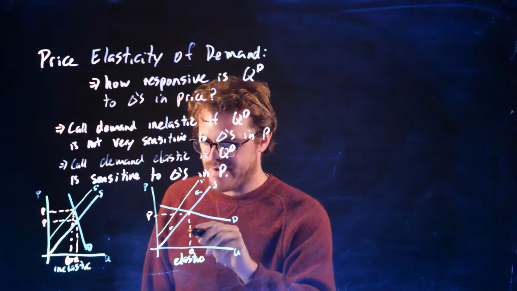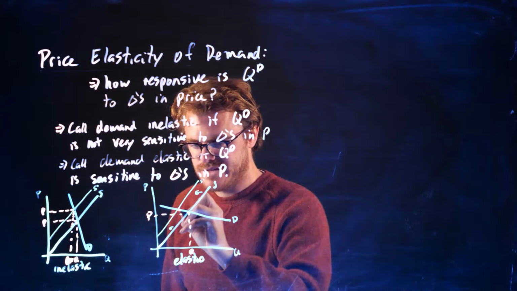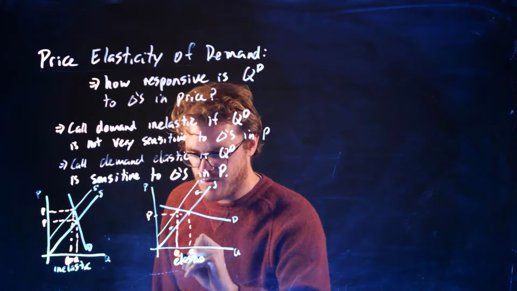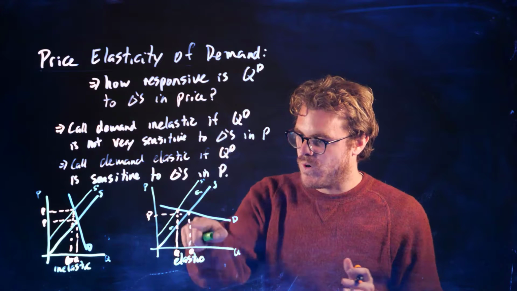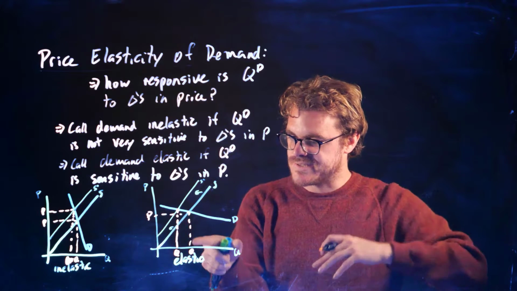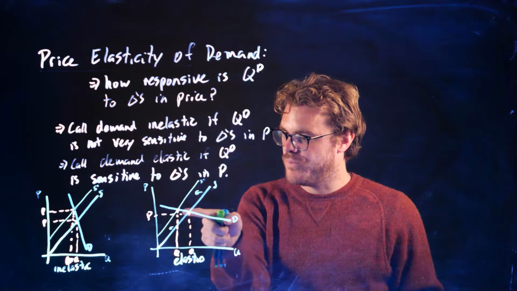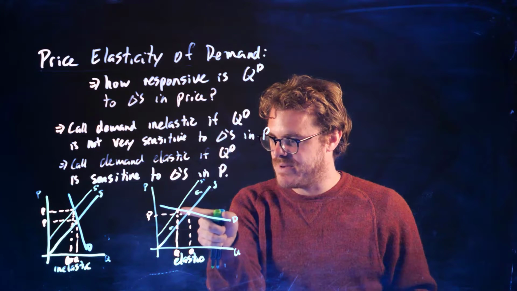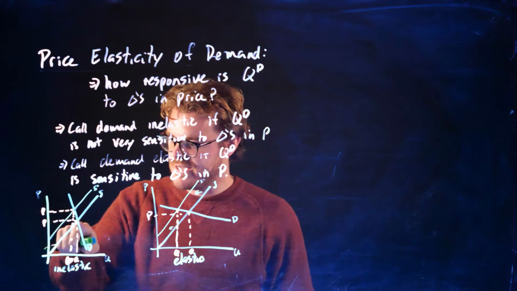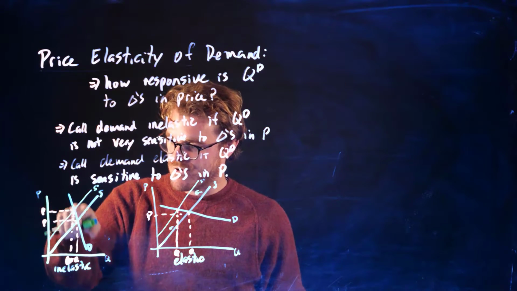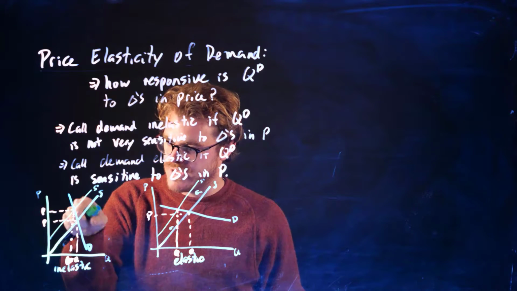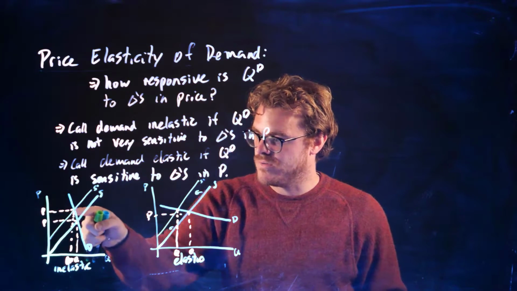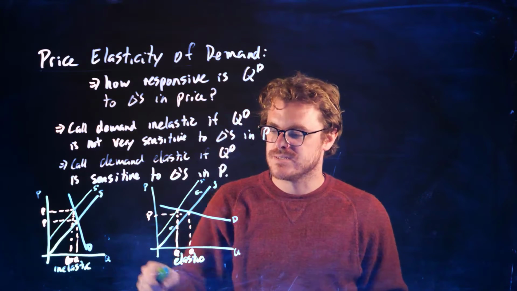Whereas in this graph over here, we see the shift in supply curve, this change in price, causes a big change in quantity. There's a big change in quantity demanded in this flat demand curve. So the small price change causes a big change in quantity demanded. Whereas over here, this price change caused by this supply curve shift only caused a really small change in quantity demanded. We only moved a small ways between these two points.